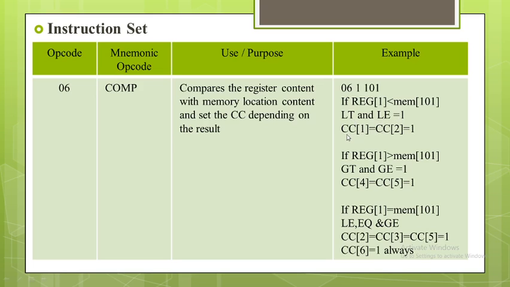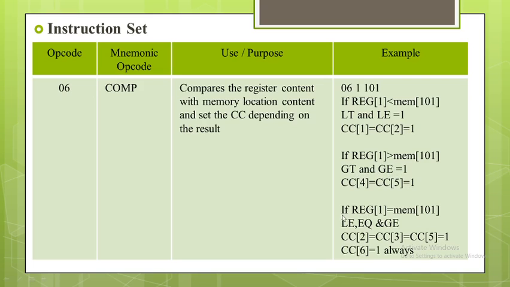So condition code 1 and condition code 2 will be set to the value of 1. It is possible that the register 1 content may be greater than the memory content of address 101. So here condition codes 4 and 5 are going to be set to 1, those being GT and GE respectively.